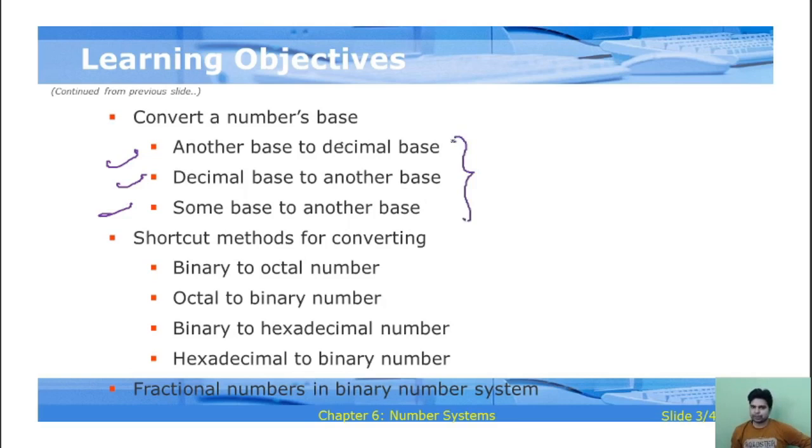And shortcut methods for converting binary to octal, octal to binary, binary to hexadecimal, hexadecimal to binary, and fractional numbers to the binary system. So all these conversions are possible.